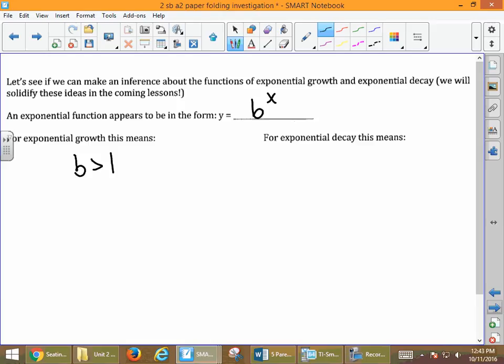But when it's decay here, our base is going to be between 0 and 1. Because remember what we just did a moment ago, we turned it into 1 over 2 to the 15th. So our base would be between 0 and 1.